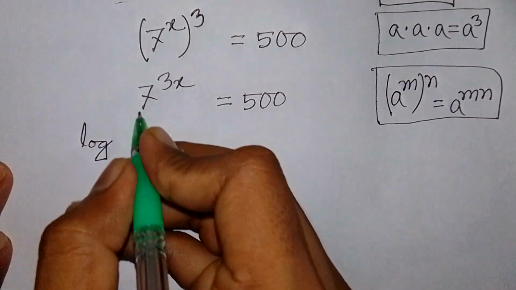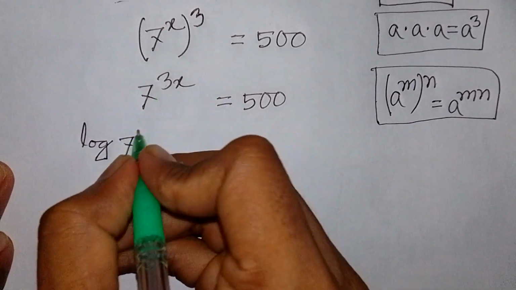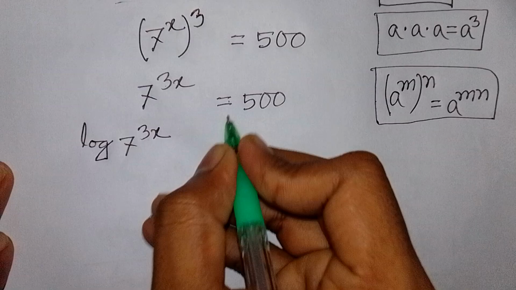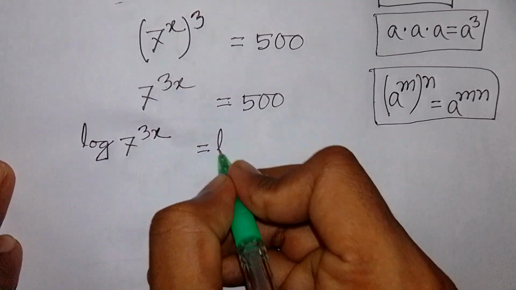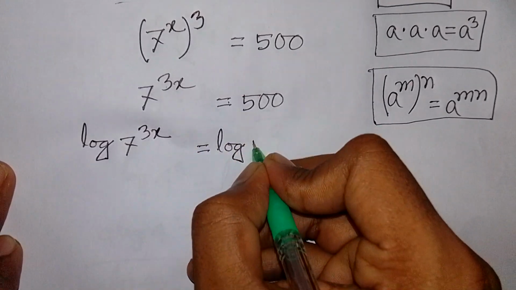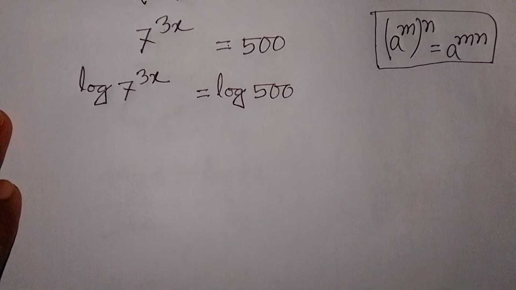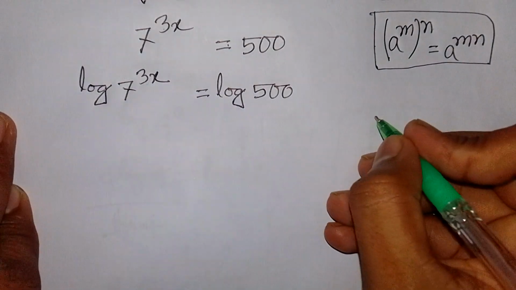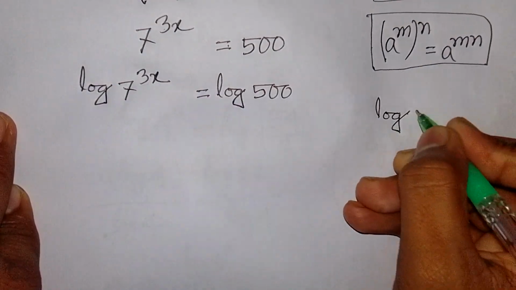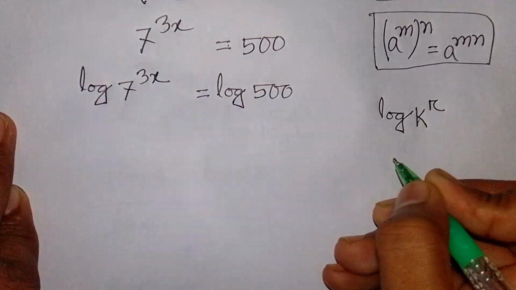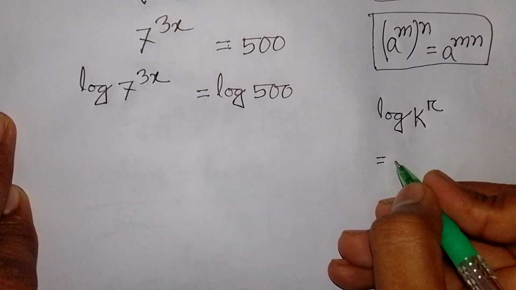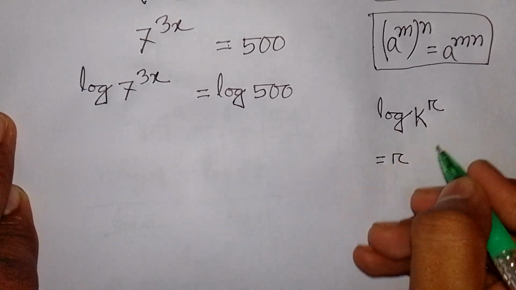You can write log of 7^(3x) is equal to log of 500. Now here we apply the rule log k^r is equal to r log k.